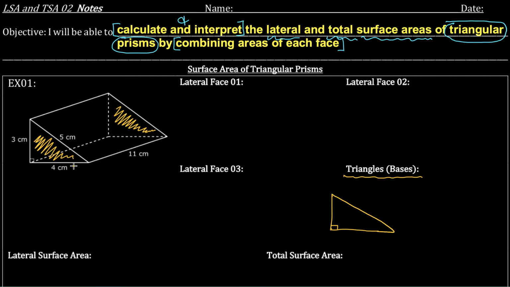Okay, so to get the area of this, most of y'all like to use base times height divided by 2. So the base of this triangle is 4 centimeters. The height of this triangle is 3 centimeters.